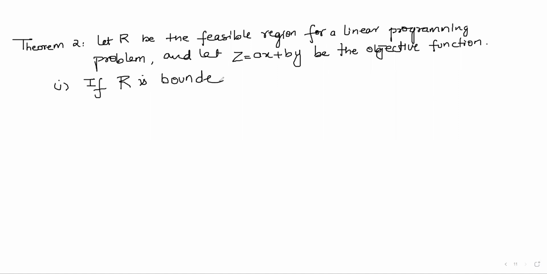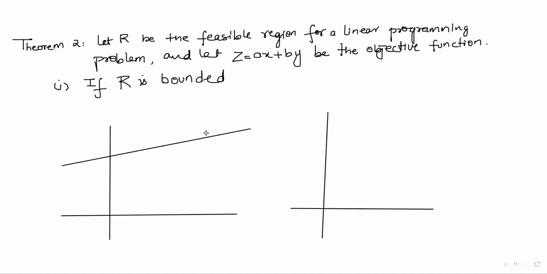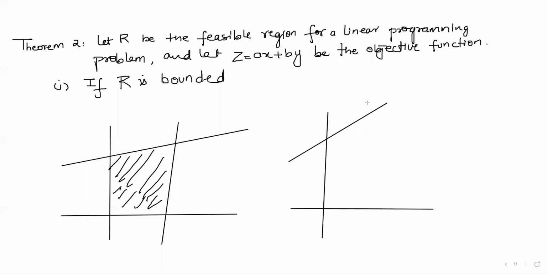Check this graph. I will draw two graphs for you. First, for example, this. This is bounded. If I say this is your feasible region, then you can see it is bounded. There are boundaries around the feasible region. Now suppose we have a graph like this one, but your feasible region now is this one.